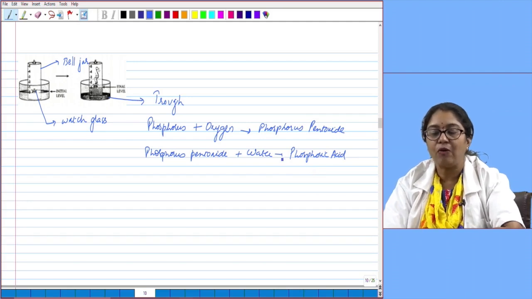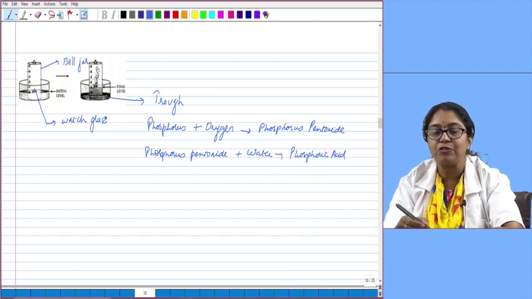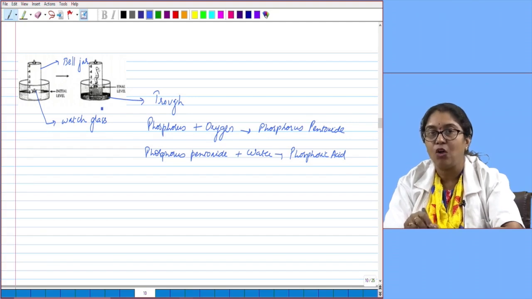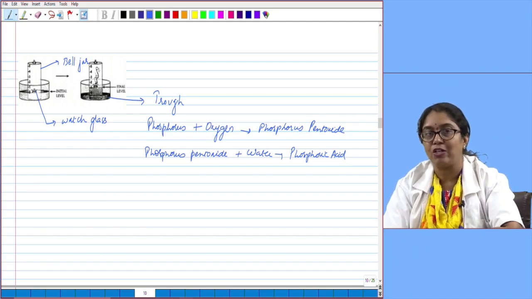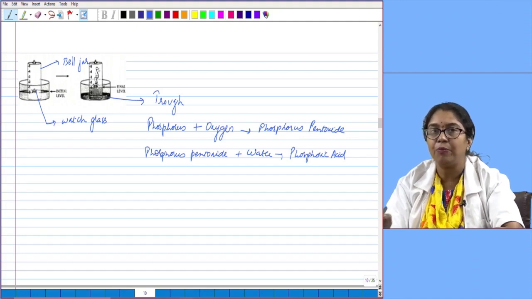Now coming back to our experiment, children, we have seen that the water has risen up to mark 1. This is because the oxygen part of the air was consumed by phosphorus to convert itself to phosphorus pentoxide. Because of the oxygen being consumed, a low pressure is created, and because of that, the water rises up in the bell jar up to mark 1.